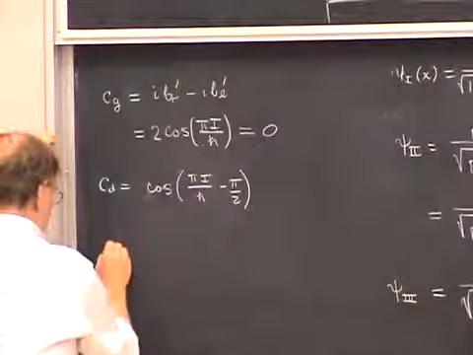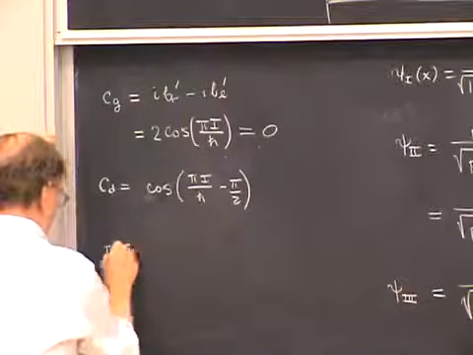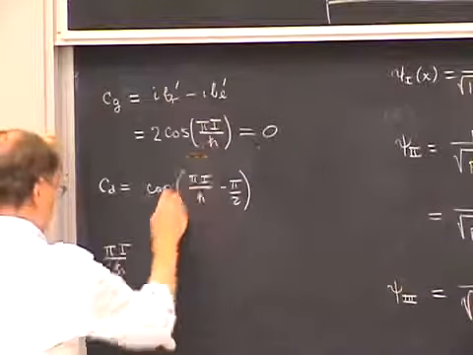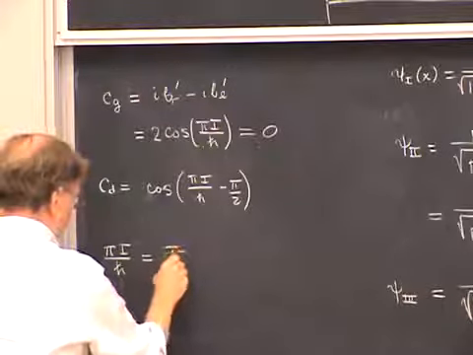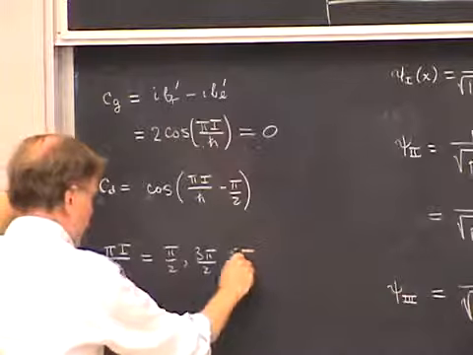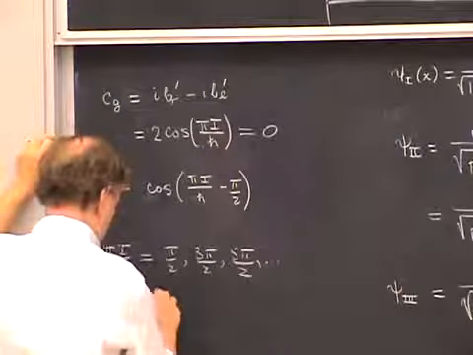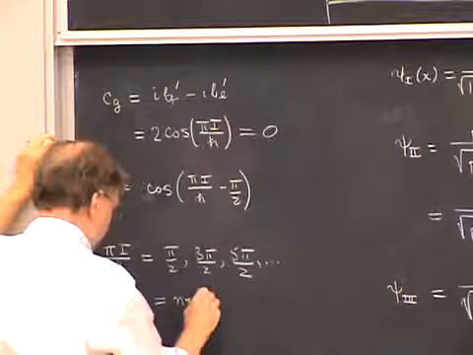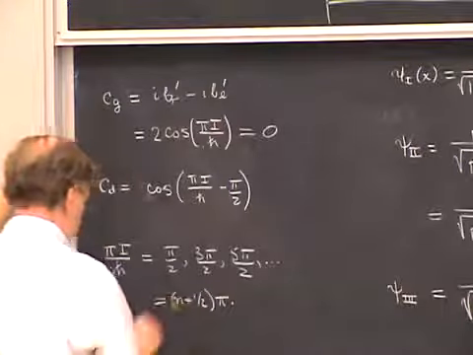And so that means that pi I over h bar, which is the angle inside the cosine, has to be equal to pi over 2 or 3 pi over 2 or 5 pi over 2. Those are the places where the cosine is 0, which is the same thing as n plus 1/2 times pi.